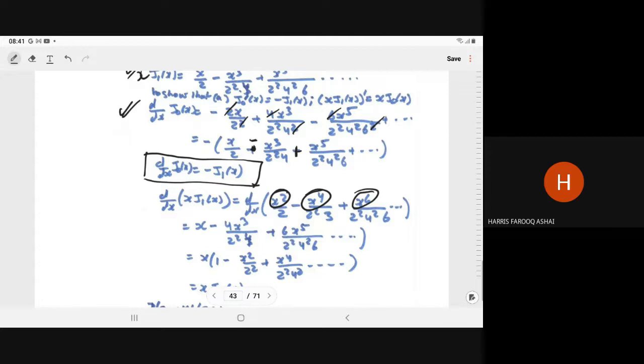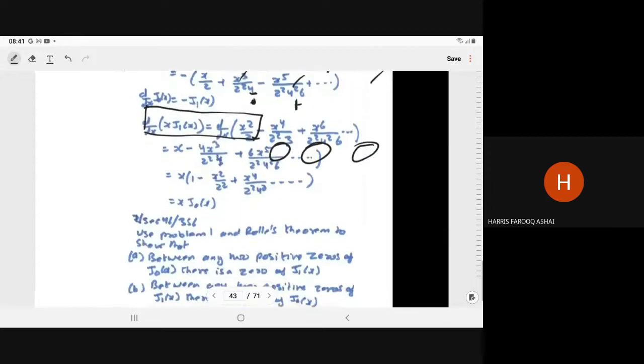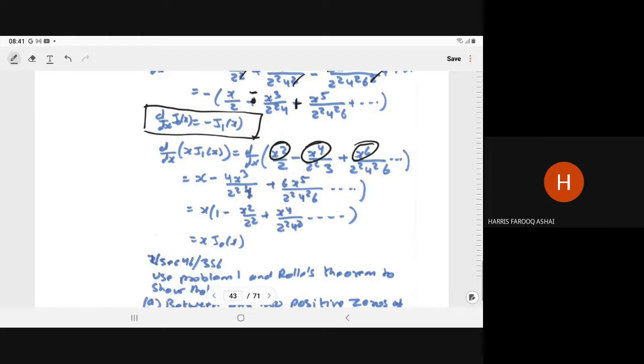And what is this bracket? That is the j naught. So here we have the dy dx of x j1x is equal to x into j naught x. Clear?